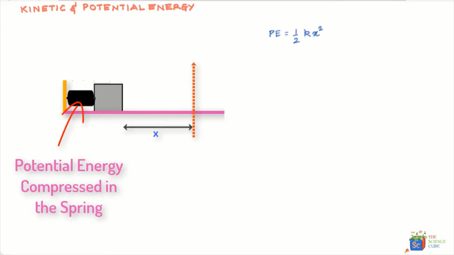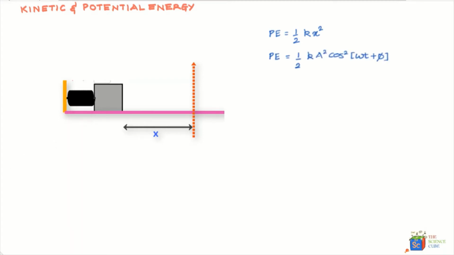Now we consider a spring that is connected to a fixed point and has mass m. When it moves from the mean position, it has some potential energy, half kx square. According to simple harmonic motion and the equation of displacement, potential energy is equal to half k a square cos square (omega t plus phi).